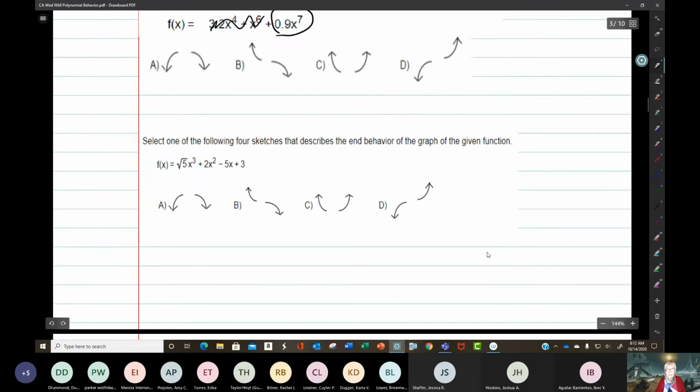Now, all of it's important, but not when you're dealing with end behavior. All that's important is the leading term, whether it's positive or negative, and whether the degree is even or odd. That's all that matters. That is so cool.